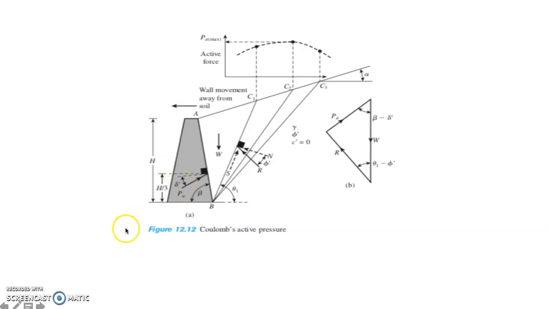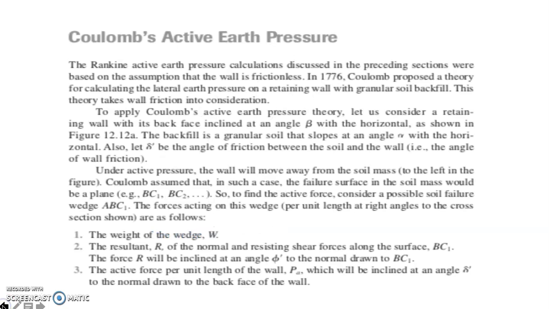From there, of course, we have the failure surface of our backfill. In active pressure, as discussed in our first introduction, the retaining wall will move away from the soil mass.